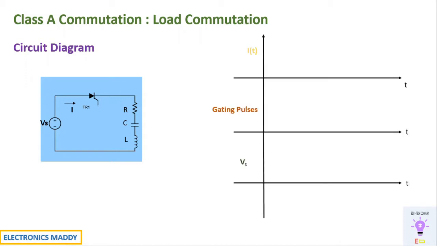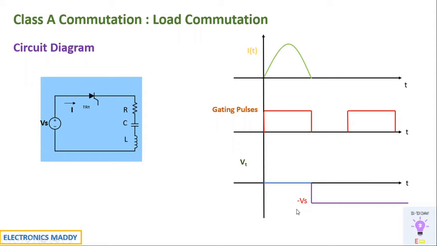Before that, we will be looking at the nature of waveform that is supposed to be obtained in MATLAB. The current gradually increases once the thyristor is turned on, and these are the gating pulses that are given. Once the gating pulse is not given, the current should gradually drop and become equal to zero. Consequently, the voltage over here should be equal to minus Vs, whatever is being supplied should appear across the thyristor, because the thyristor will be reverse biased.